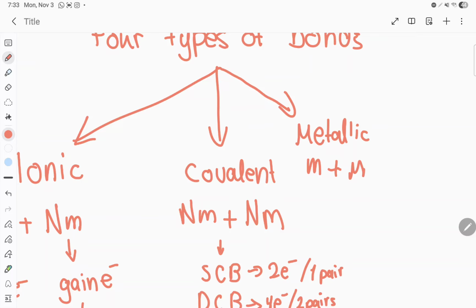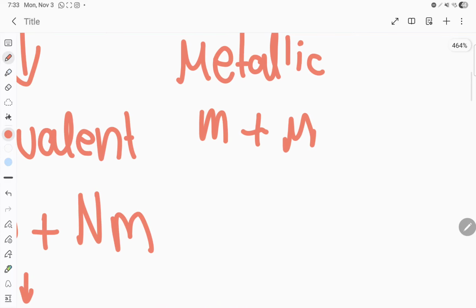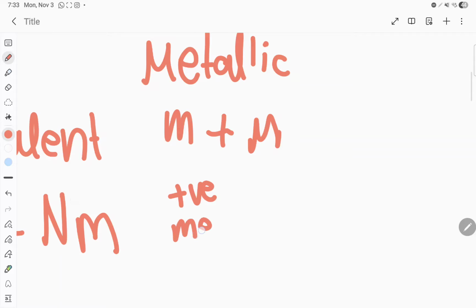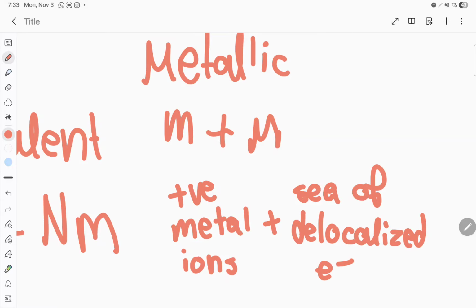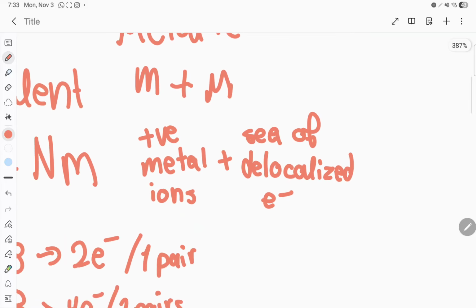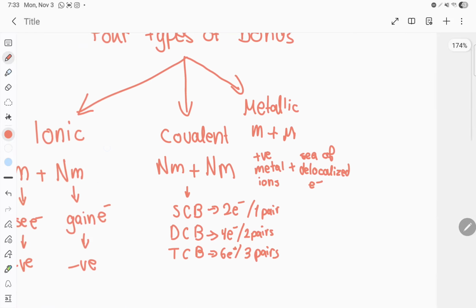And again, it is described as an electrostatic force of attraction, but this time it's between positive metal ions and a sea of delocalized electrons. Now we know it's between the positive metal ions and a sea of delocalized electrons, or you could say metal cations. By the way, both work.